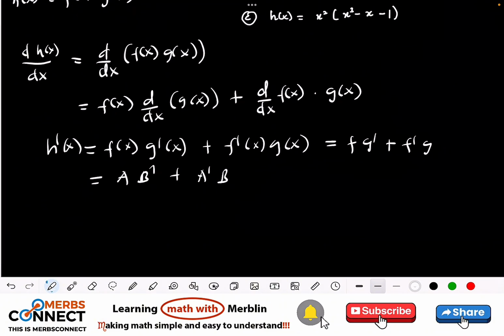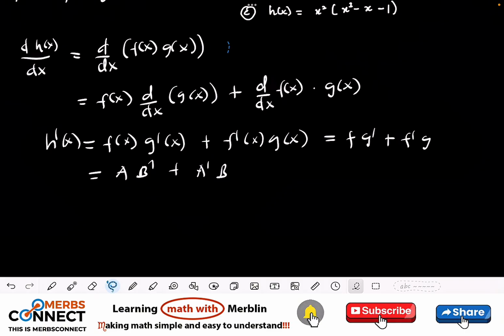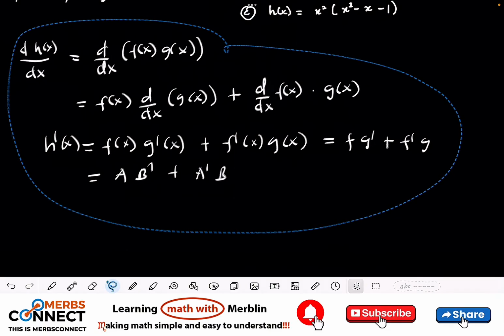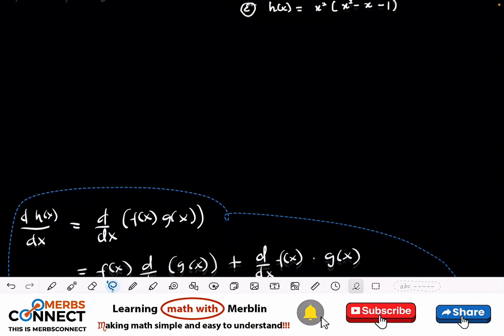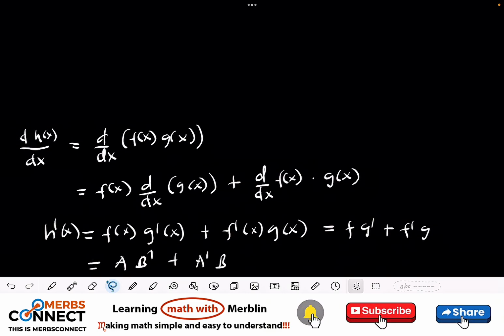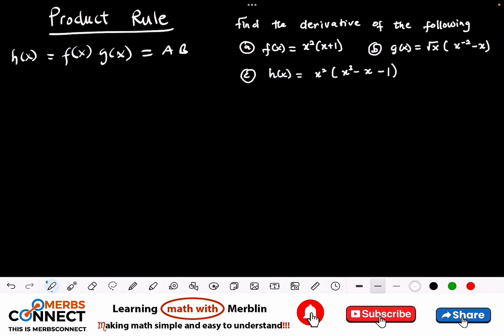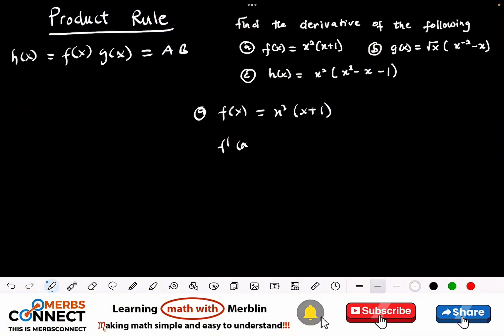So let's apply the rules and see what we are going to get. Let me send this one down so that we can get space to do it. So let's now pick a. f of x is equal to x squared times x plus 1. So what will be f prime of x? If we know how to do it straight, then you can see that if I'm using a and b, this is my a, this is my b.